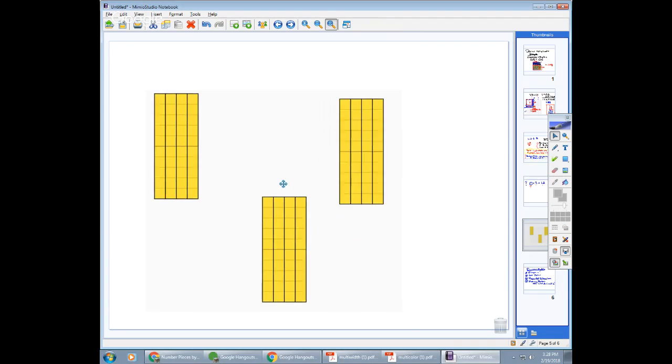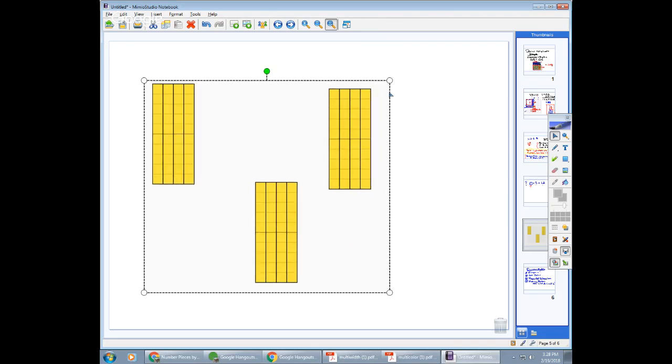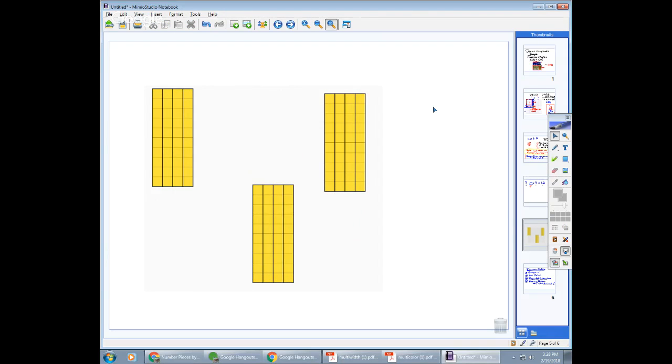There we go. All right, so we'll state the question and the answer again. So the question related to the problem, 1.2, 1 2/10 divided by 3/10, is to split 1 2/10 into 3 groups.